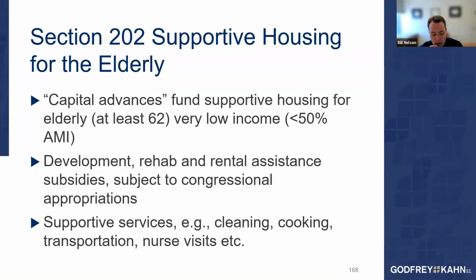So it's both new development and rehab of existing facilities. Supportive services typically include things like cleaning, cooking, transportation, nurse visitation, services of those sorts that are needed for the elderly. The amount of funds available depends on the annual appropriations by Congress.